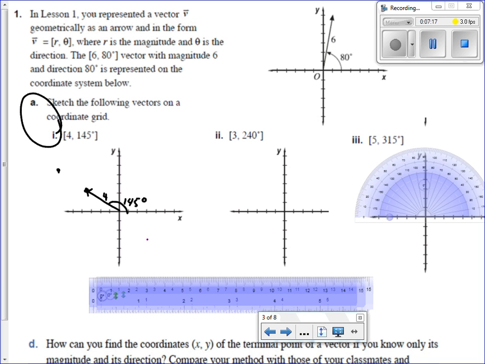145 degrees. I need to find xy. X is going to be 4 cosine 145. Y is 4 sine 145. Therefore, my coordinates for xy come out to be 3.28, comma 2.29.